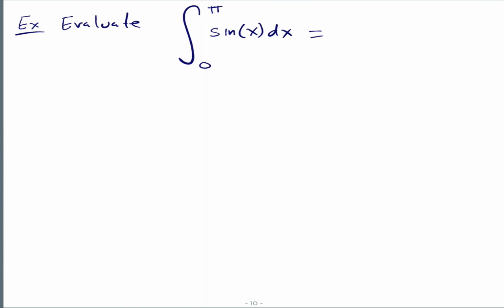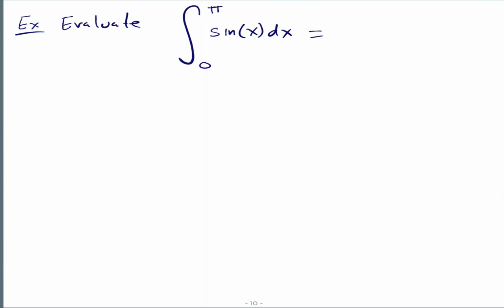No, right? Because there's no way for us to do an infinite sum of sines. But using the fundamental theorem, is this easy or difficult? Easy. It's like eating cake. Easy. All right, so what do I do?